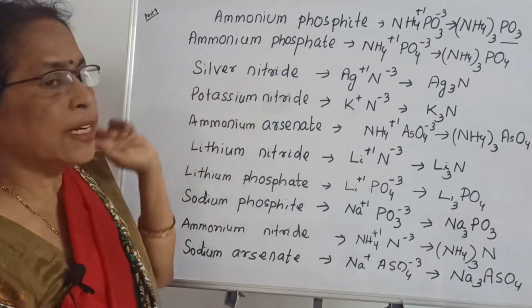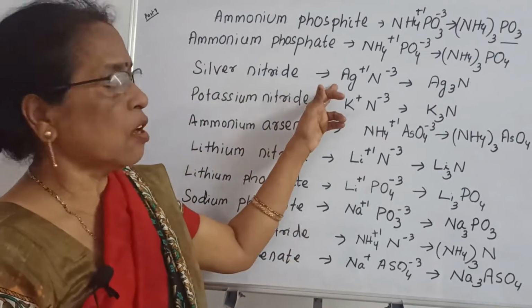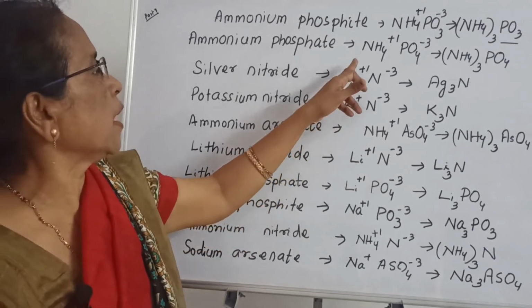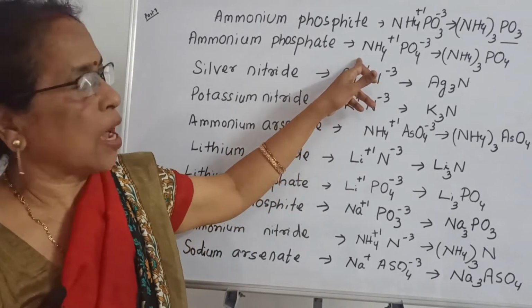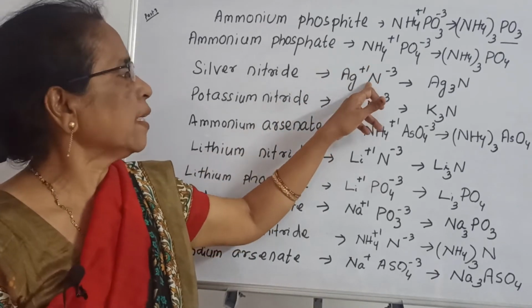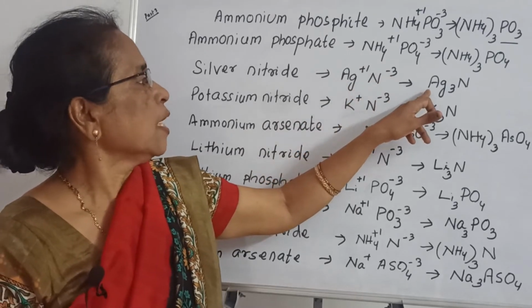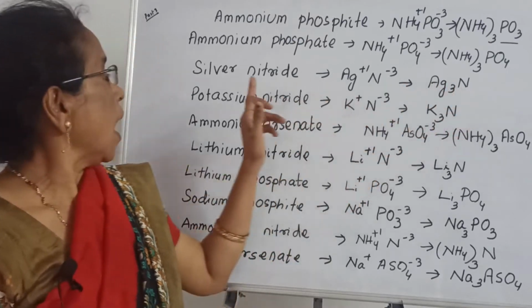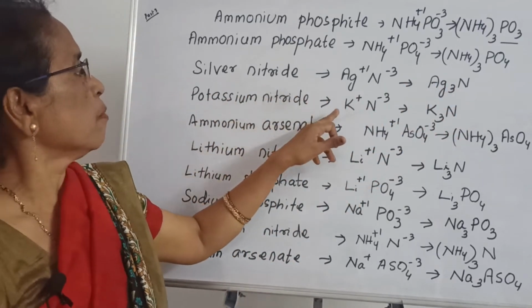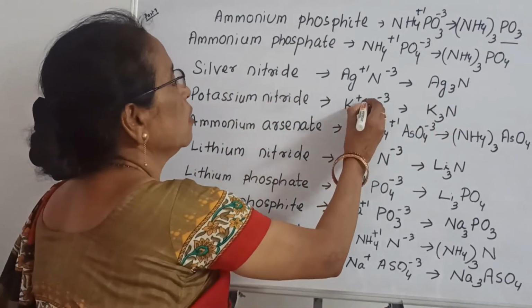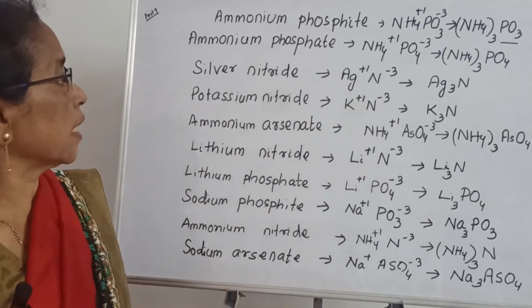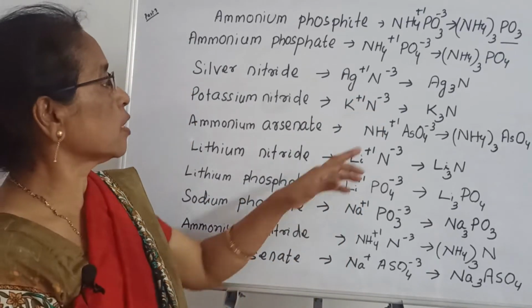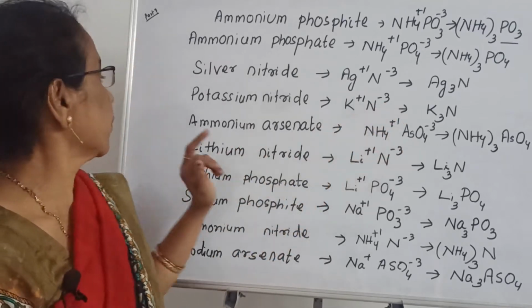Similarly, silver nitride. Silver, though it does not belong to the first group, for balancing the charge is plus 1, and nitride is minus 3. So it should be Ag3N. And potassium nitride, potassium is plus 1 and it is K3N because nitride is minus 3.